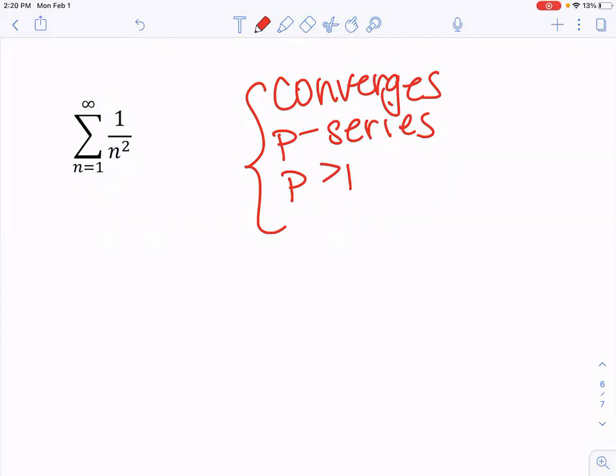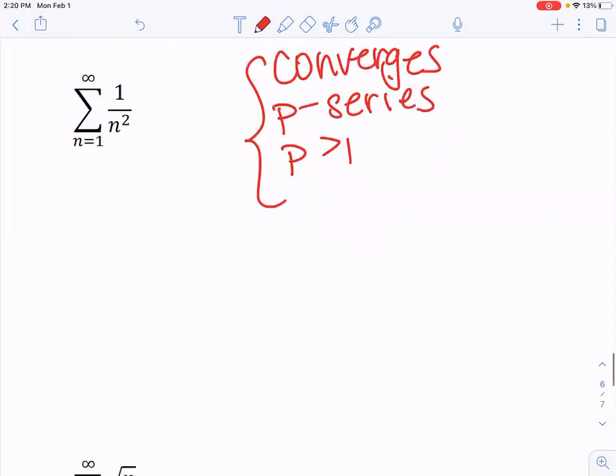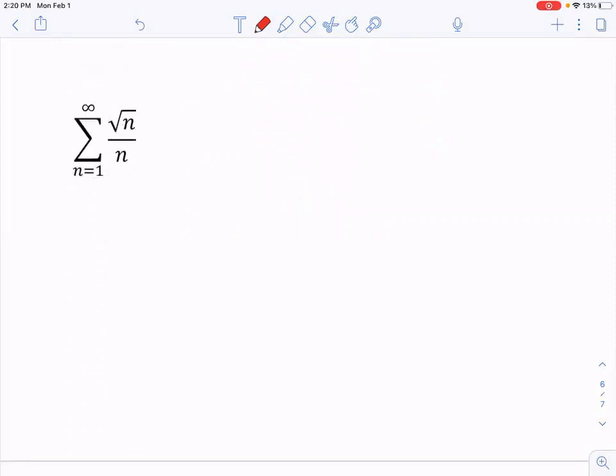Now, here it's obvious. 1 over n squared, or our previous 1 over n cubed, 1 over n. Sometimes we may have to rewrite our series in order to be able to use the p-series test.